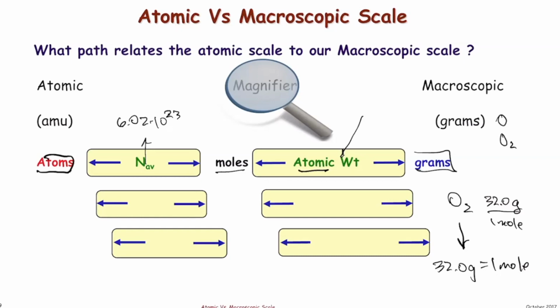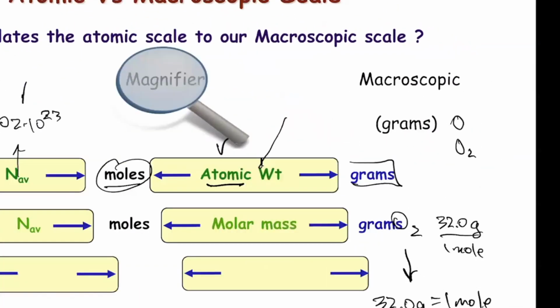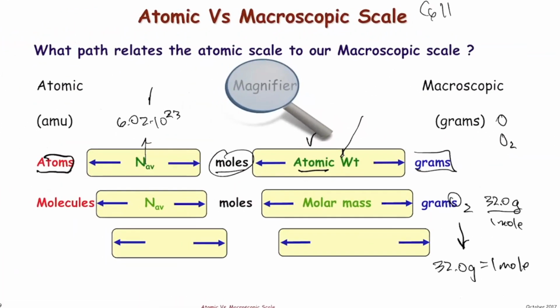You're going to use this concept, Avogadro's number and the atomic weight of the chemical. And you know how to calculate the atomic weight of a chemical if you just look at the periodic table and look at the mass of the elements that make up that chemical and add them all up. For example, sugar. Sugar is C6H12O6.